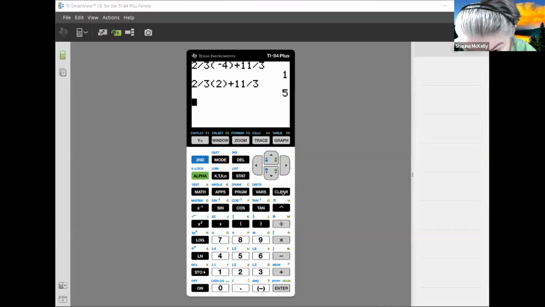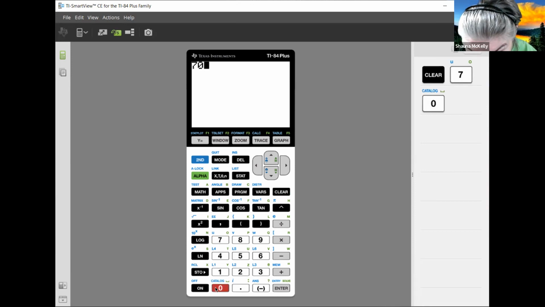All right. So if you recall, we're looking at C prime of 4. So what I'm going to do is, if you recall, that was 70 e, which is going to be on top of my ln key.